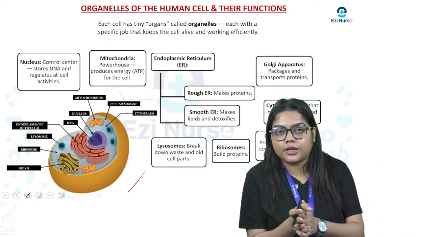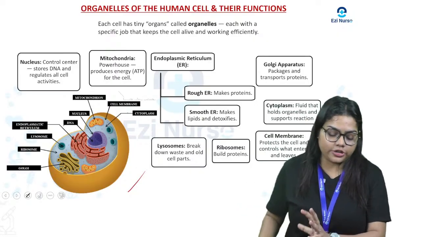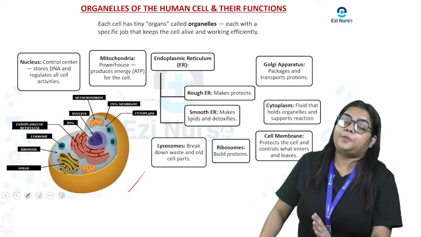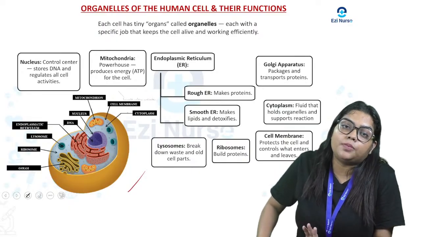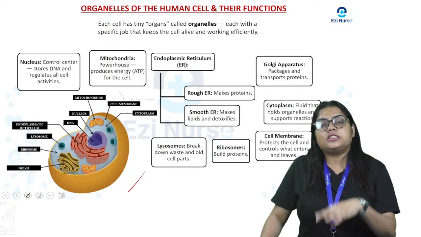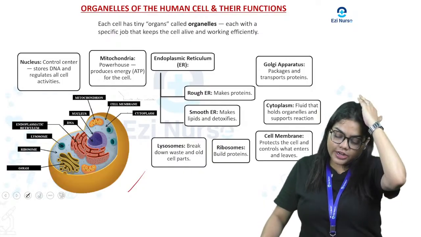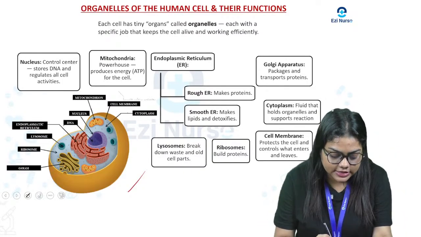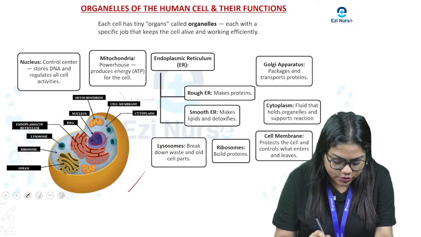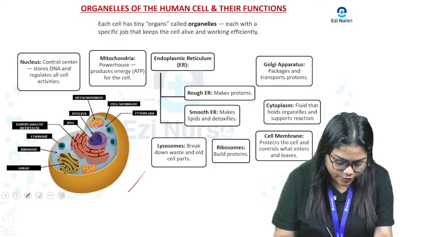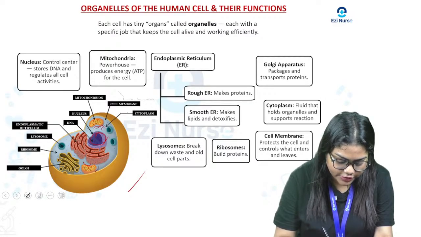You have already heard about that so many times since childhood. This is called the powerhouse of the cell. Why is it called the powerhouse of the cell? Because it produces ATP. Here the nucleus is this one, and the mitochondria is this one. Here we have two mitochondria.